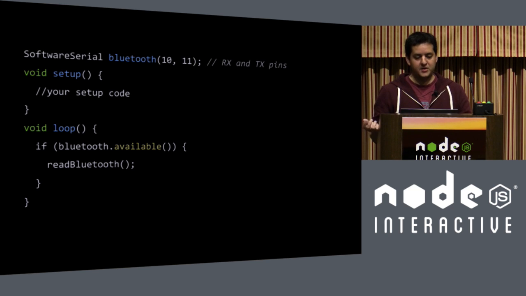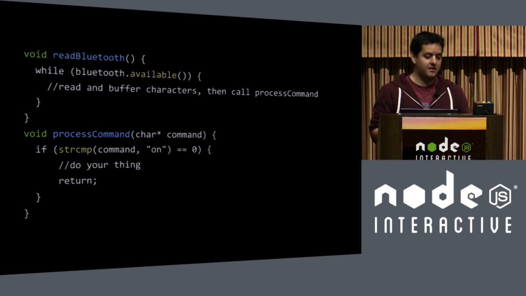And on the Arduino side, it's not that complicated either. I'm just here instantiating a software serial object specifying which pins the modem is using. In the loop function, you will just read data that comes from that. You basically want to buffer each character.